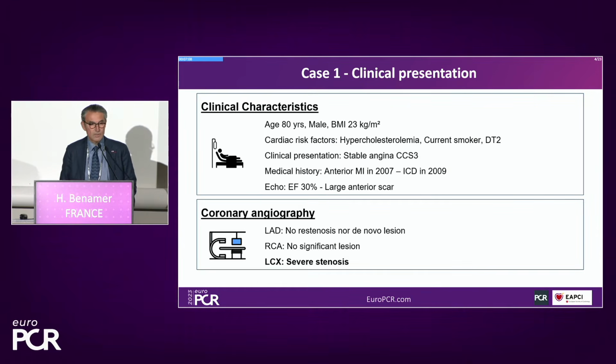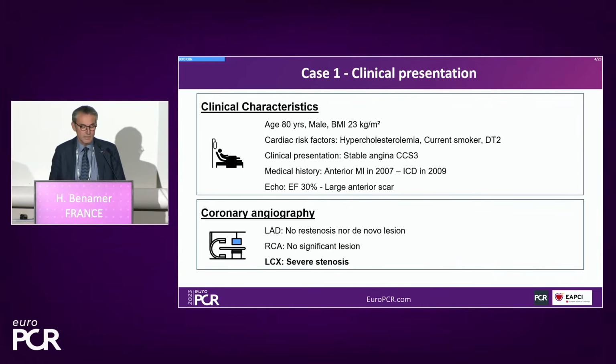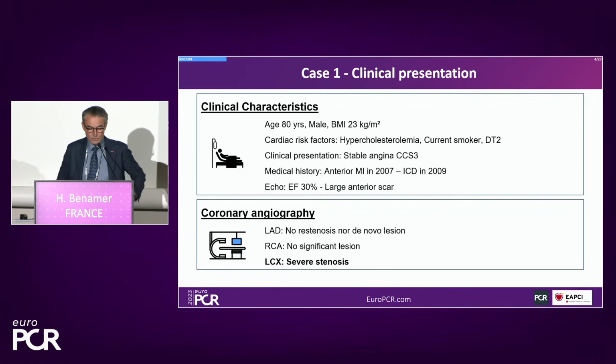So let me show you some cases extracted from the first in man. We had 30 patients done in my institution. The first one is a male, 80 years old, with no high BMI. Risk factors are hypercholesterolemia, current smoker, and diabetes. He came to our institution for angina pectoris, and he had a previous MI.